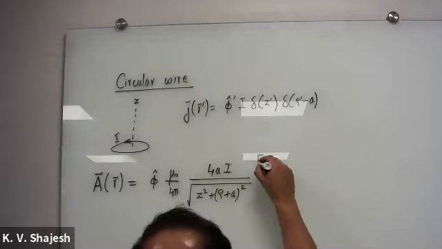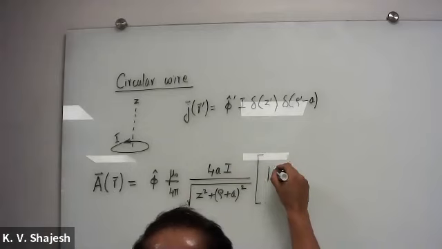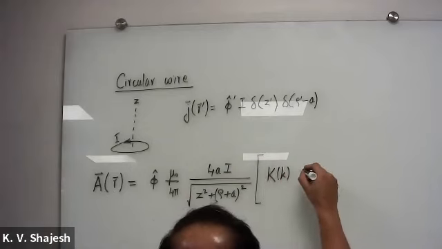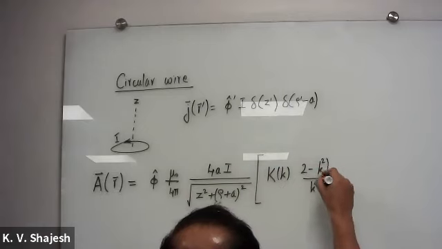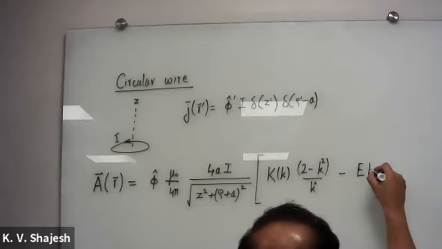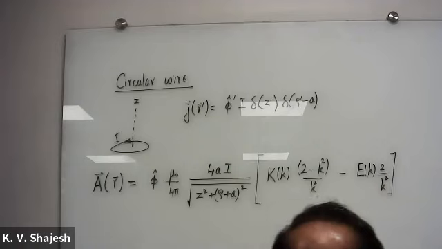And you have elliptic integral K, (2 minus k squared) over k squared, minus E of k, 2 over k squared. Okay. So that requires the definition of k squared.